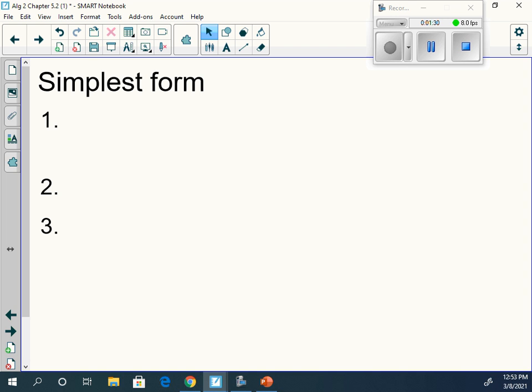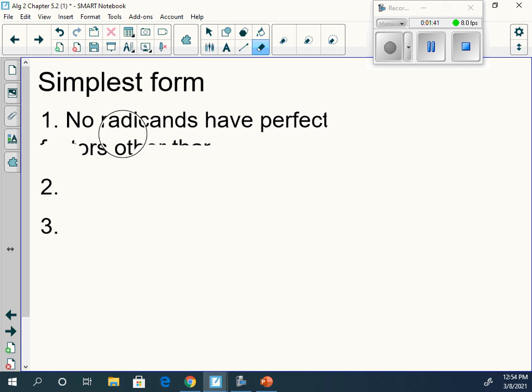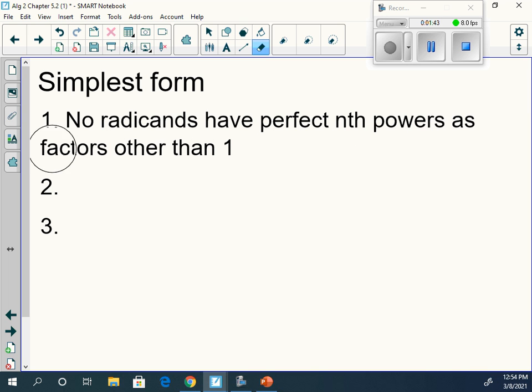Now this is the first real thing we're going to fill in, simplest form. There's 3 main things that we need to note that it is in simplest form. No radicands have perfect nth powers as factors other than 1. And what this is talking about would be like the square root of 4.